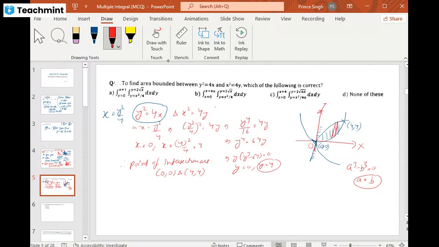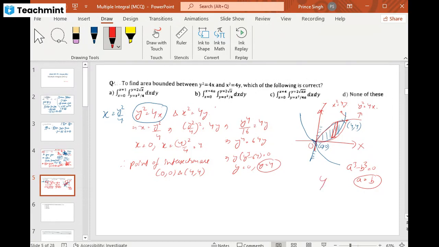The right hand parabola is y square equal to 4x, and the upward parabola is x square equal to 4y. If we move vertically, the value of y starts from the upward parabola and ends at the right hand parabola. I told you the first variable moves from curve to curve.